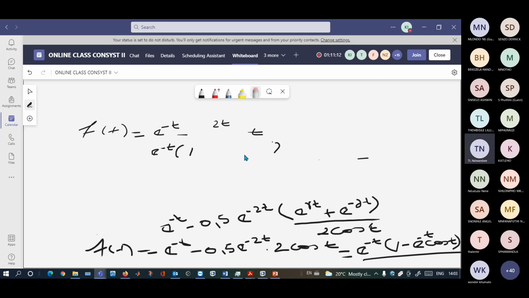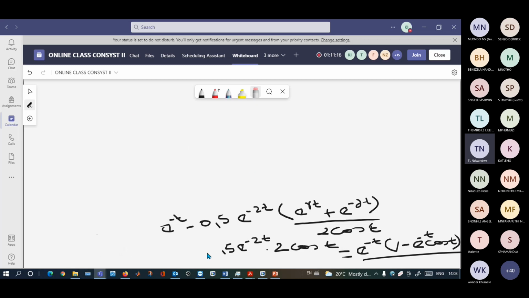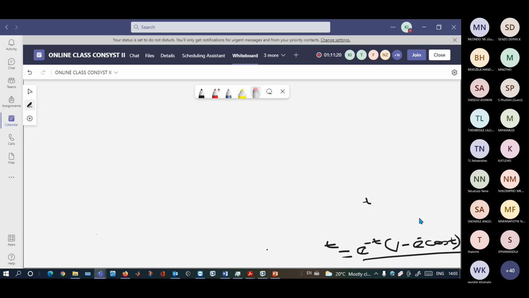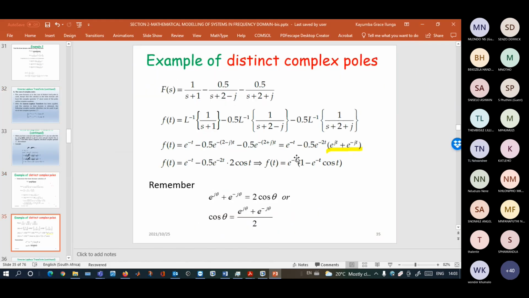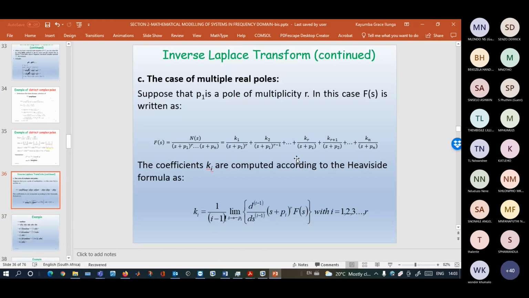I can continue now. This one also is quite complex, but you must give me more attention on this one too. So now we are in the third case, which has multiple real poles.